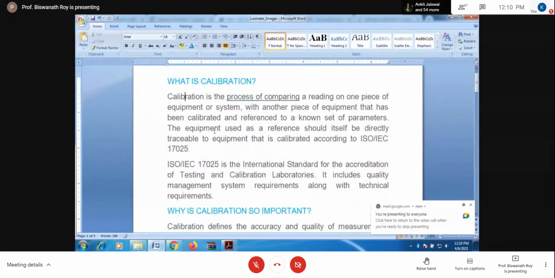That equipment which is already calibrated, we call the working standard equipment. That equipment may be a thermometer, an ammeter, a voltmeter. Here in this case, the equipment is lux meter. What is measured by a lux meter, I will come to a little bit later.